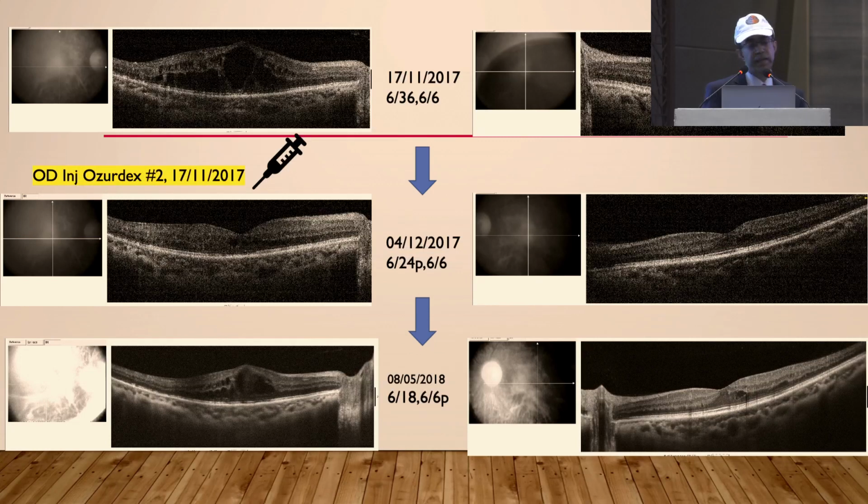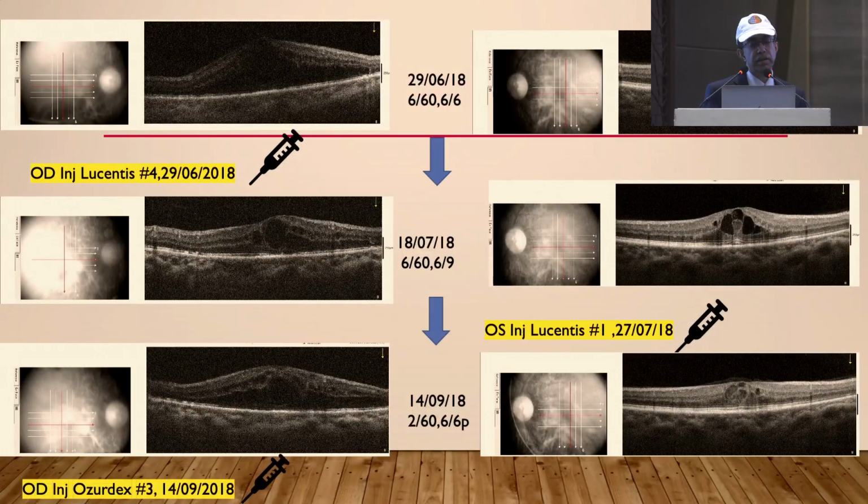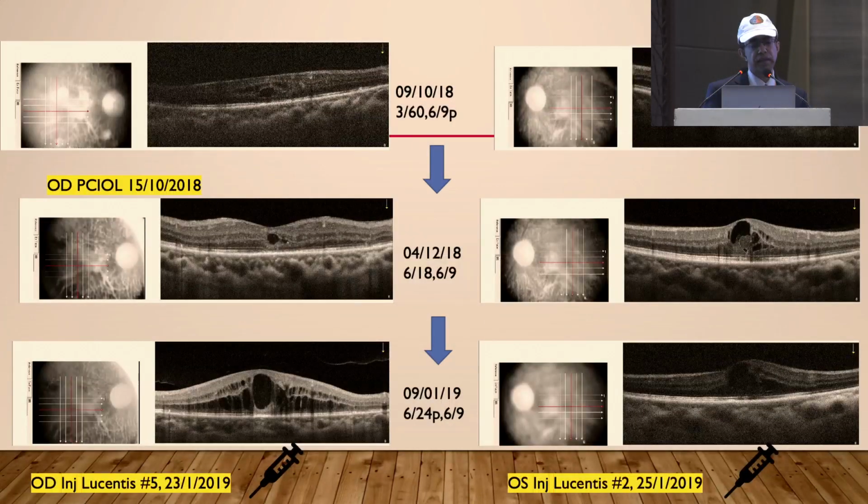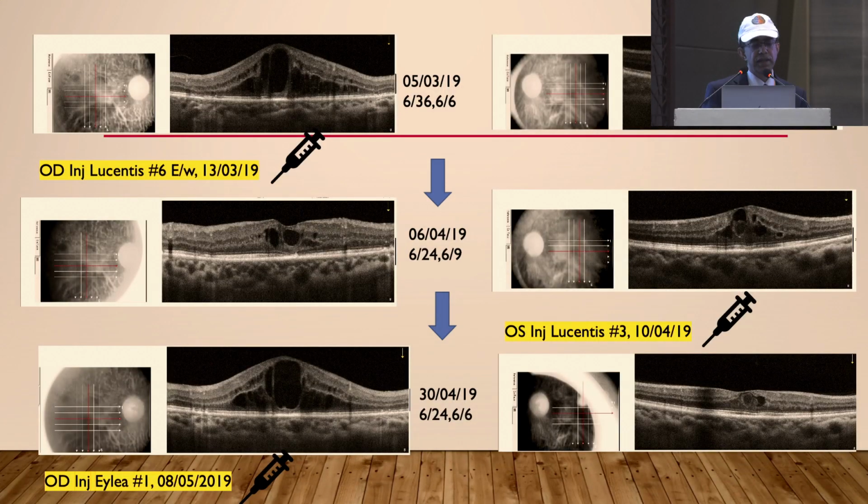So in 2018, when the patient was seen, the vision was down to 6/18 again, and there was a recurrence of the CME. At this point of time, maybe because we wanted to rule out tachyphylaxis, the patient was put back on Lucentis again. Patient responded, had a cataract surgery. And then finally, again, patient started having recurrent CME.